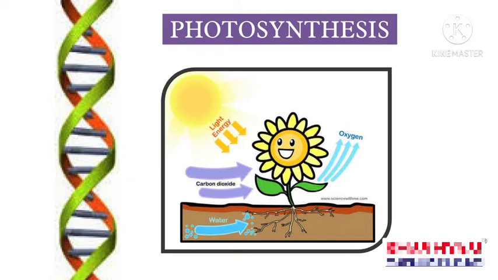So using all these materials like water, carbon dioxide, sunlight, and chlorophyll, they are able to synthesize carbohydrates, and while doing this process they are producing oxygen gas. Look at that, they are producing oxygen gas. So this is how plants undergo the photosynthesis process.